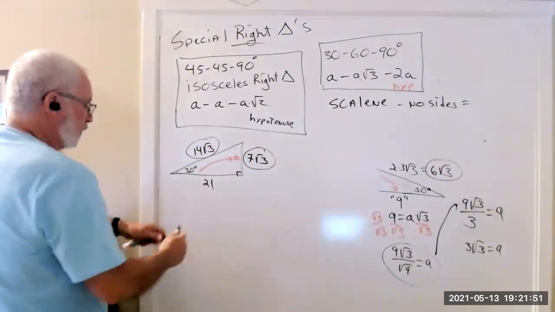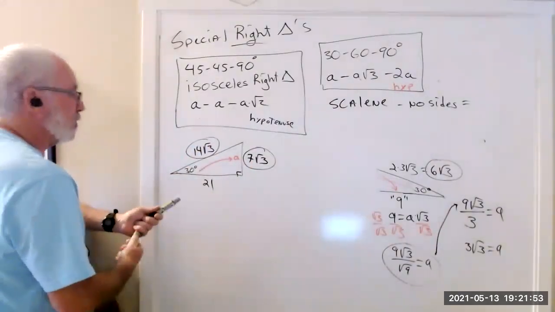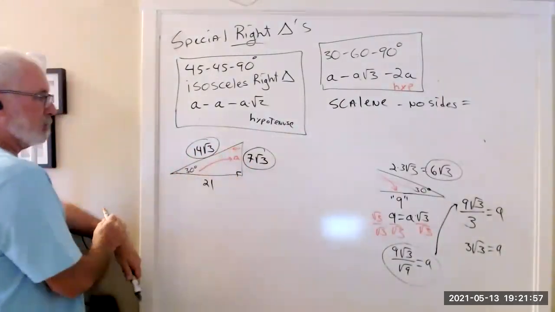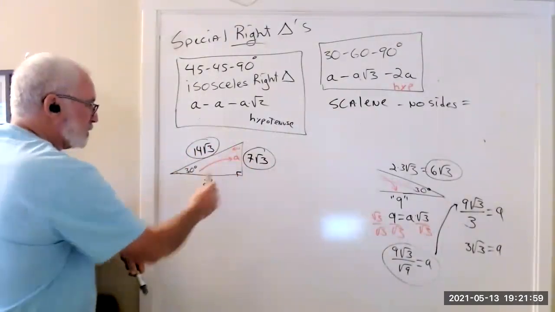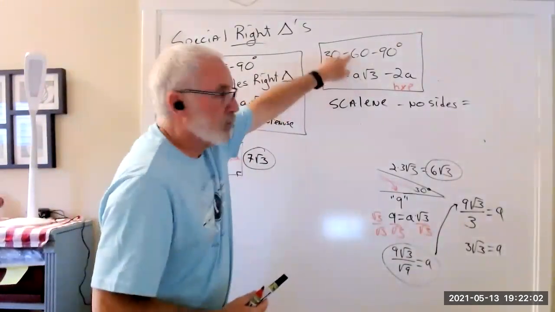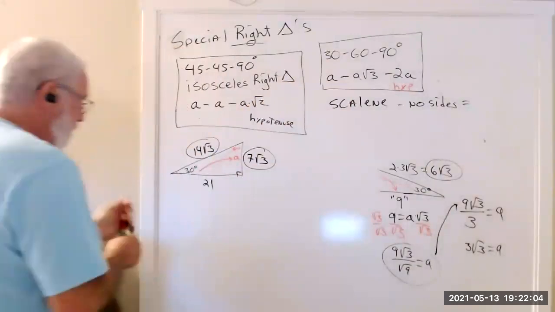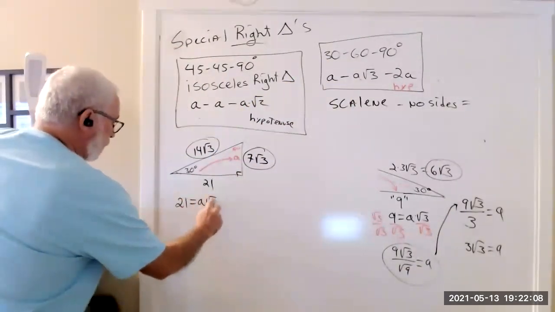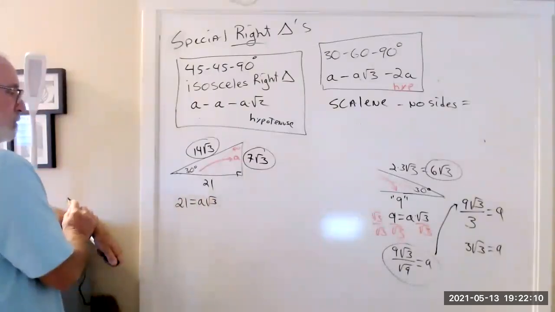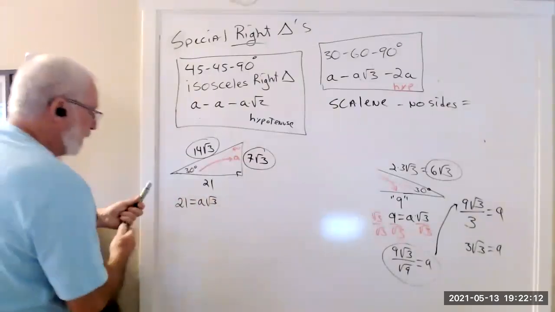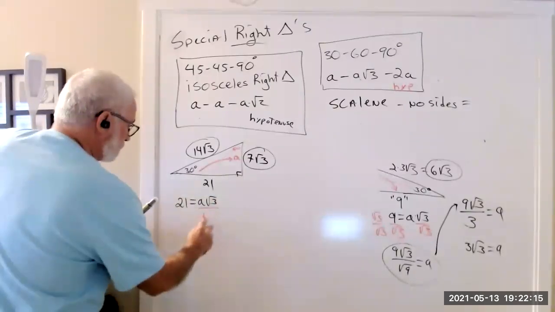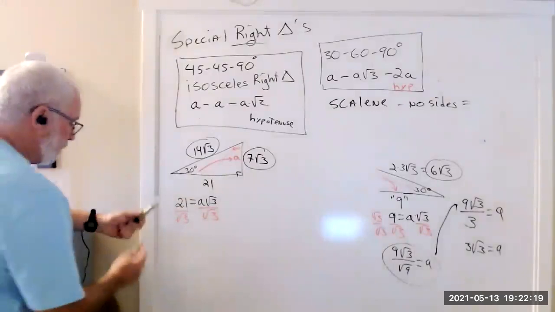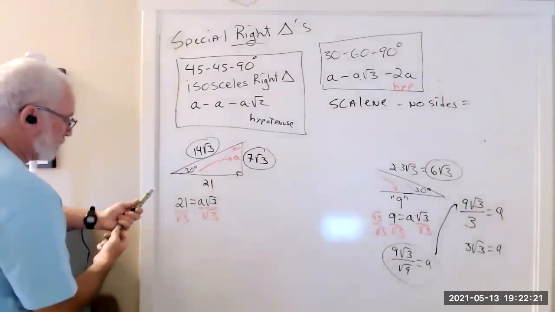This is the side opposite the 60-degree angle. If this was 30, then this had to be the 60 up here. So this is opposite the 60, so it was the A radical 3 side. So 21 equals A radical 3. So you divide both sides by radical 3. Okay. So then you rationalize.